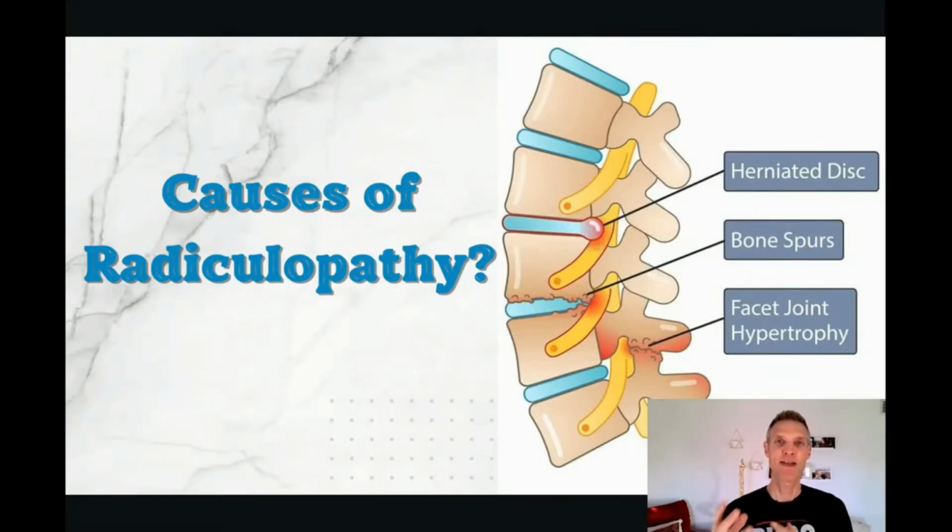And when that nerve gets irritated by a herniated disc or a bulging disc, bone spurs, or arthritis in the spine, that can interfere with those nerve signals going down your arm or your leg, causing pain, numbness, tingling, weakness, maybe even loss of coordination, because the brain's got to get the signal to the rest of your body. So it needs to know how to do that.